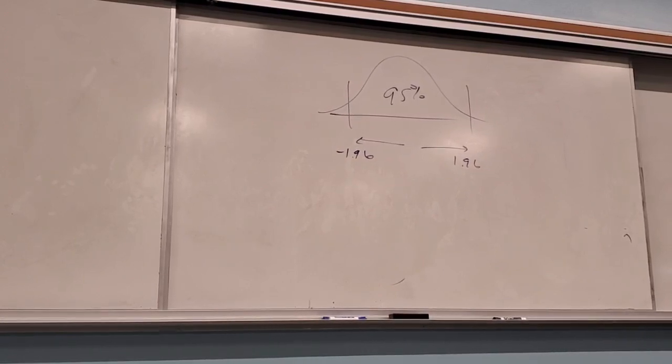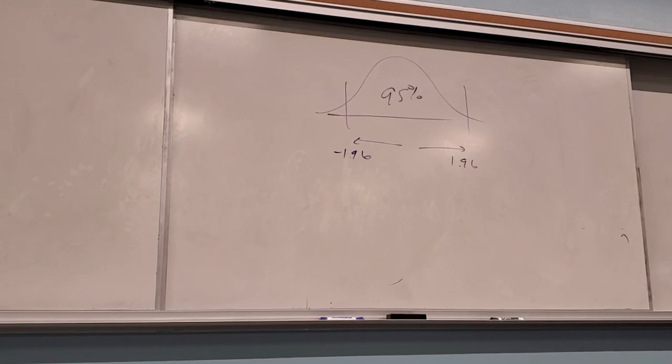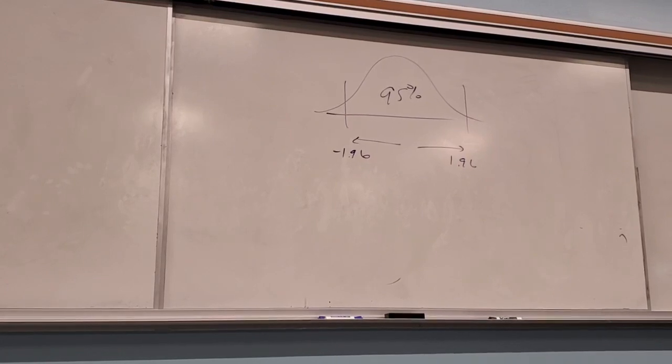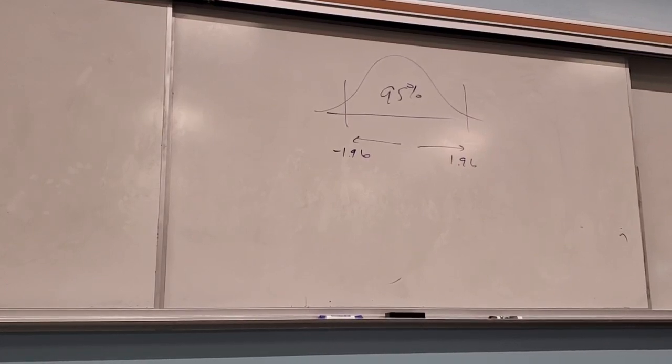Let me call it confident, right? I'm 95% confident that I caught any specific data point. So how confident am I that I caught the real mean? 95% confident. That's what a confidence interval is all about.